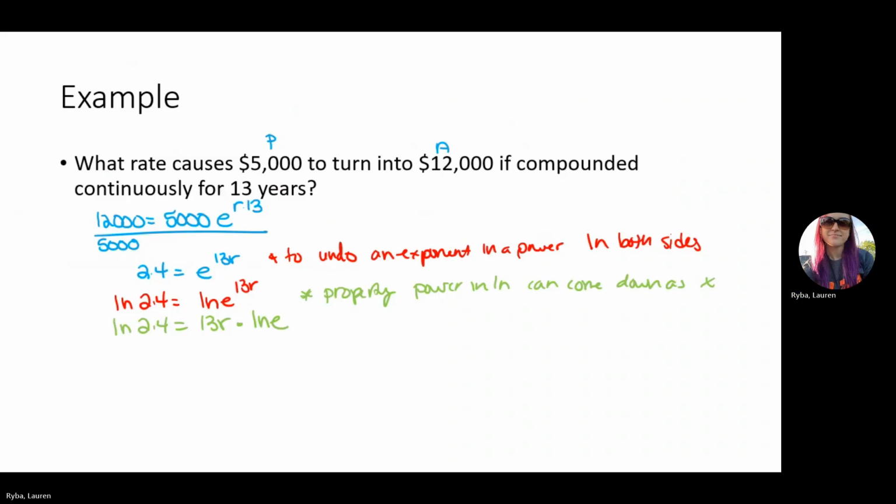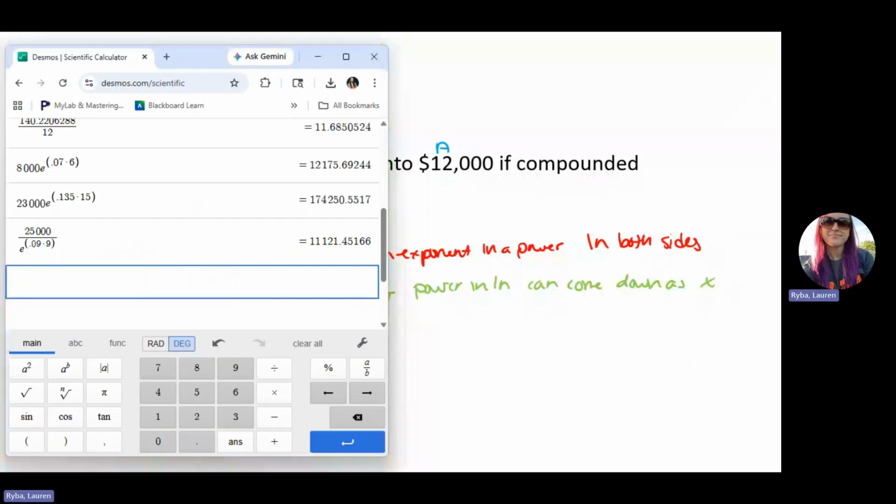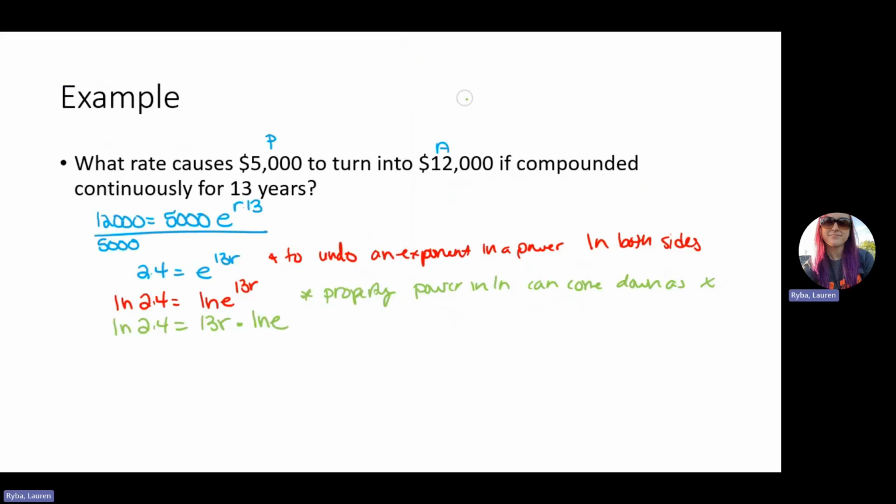Now, quick little thing to note, again, why I use the natural log here is because if I take the natural log of e, it's 1. It cancels out the e. That's why I use the natural log. So this piece is actually just gone. It's a 1. If I times by 1, it doesn't change my answer, so I don't even need to write it anymore. So then to get r by itself, all I have to do is divide by 13.